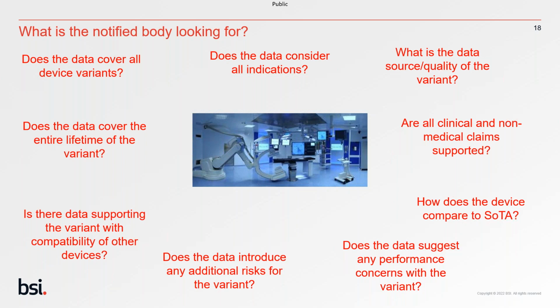Essentially, if you do that, it saves us time doing it, because certainly in our orthopedic team, where there are many devices with many variants and many configurations, they have to go through and just make sure that there is sufficient data to support all those variants and all those indications. So really, if you spend the time in your clinical evaluation report actually writing up and demonstrating stratification of data for all those, it will have efficiency in the review.